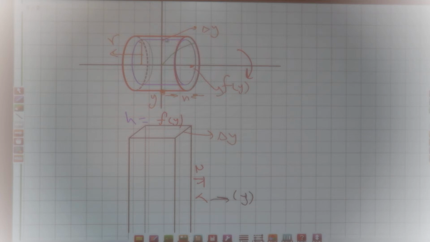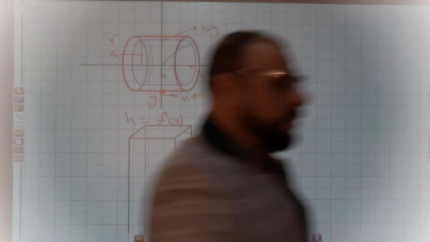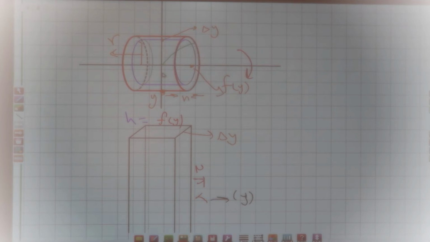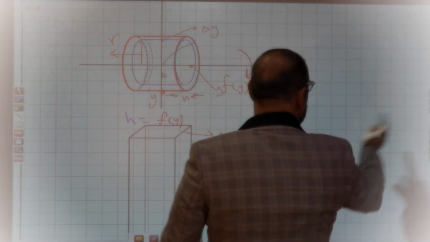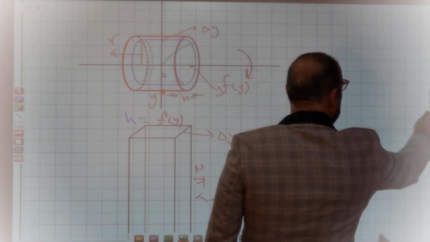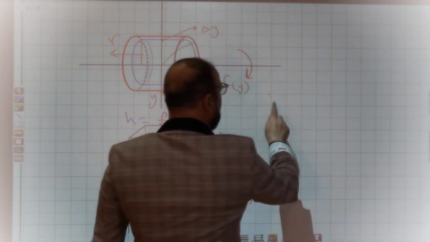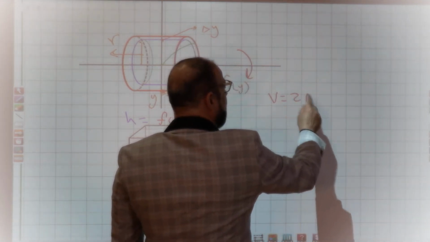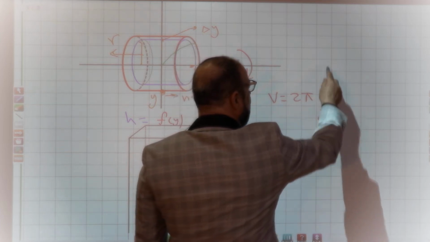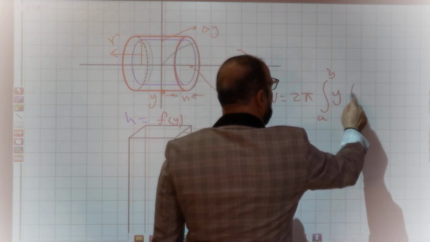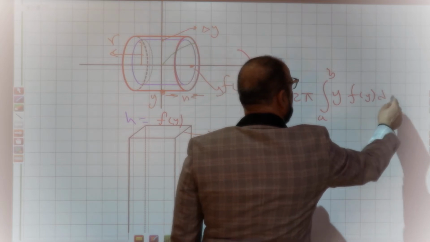Now, for one function, the volume is V equals 2 pi integral from a to b of y f of y dy.